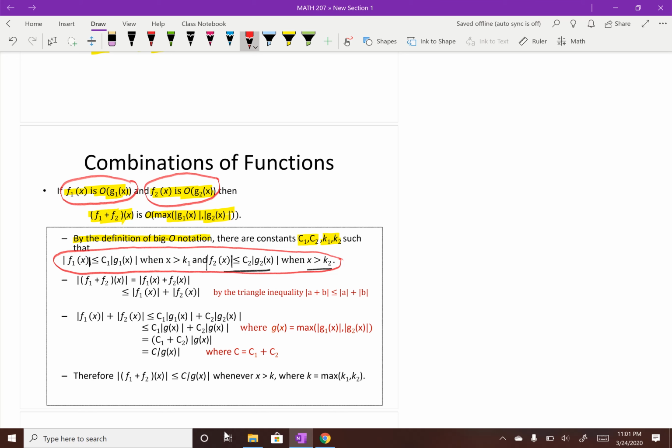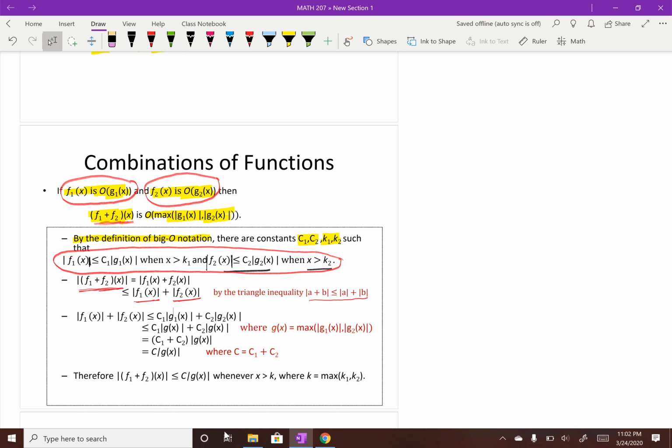Now if we want to analyze the combination f1 + f2, apply the triangle inequality. The absolute value of f1 + f2 of x is, by the triangle inequality, less than or equal to the absolute value of f1(x) plus the absolute value of f2(x).